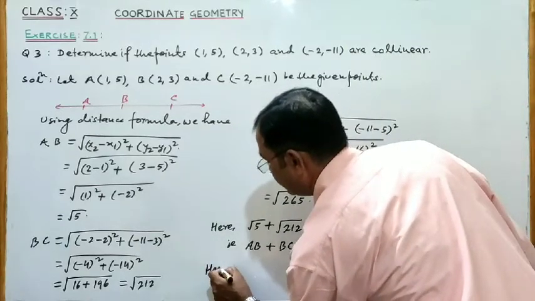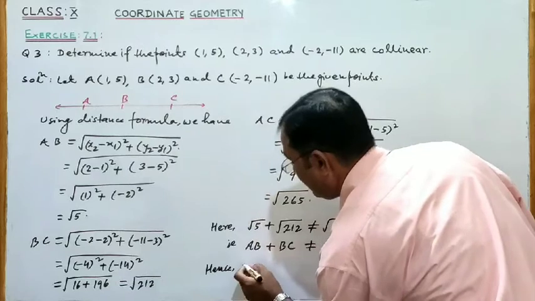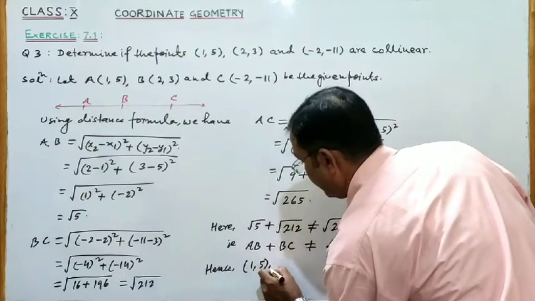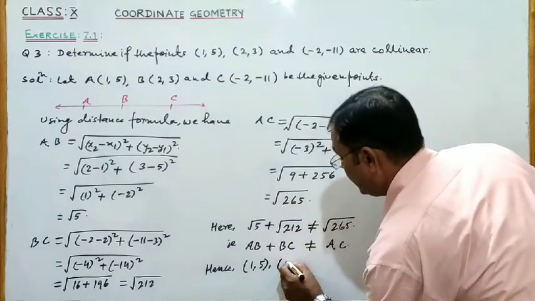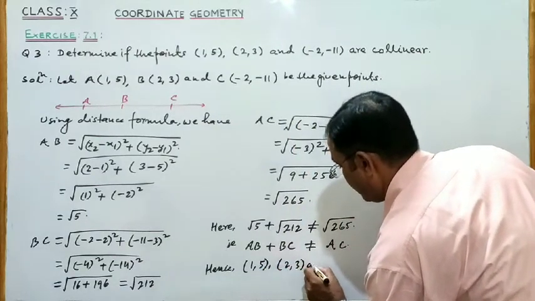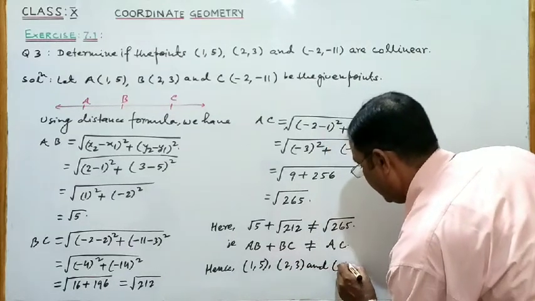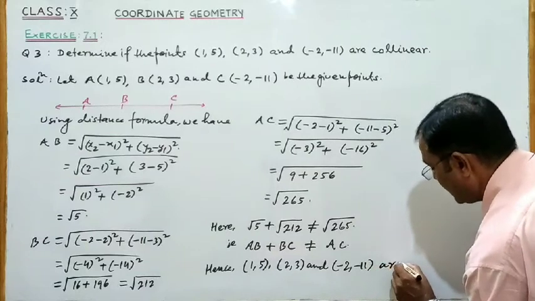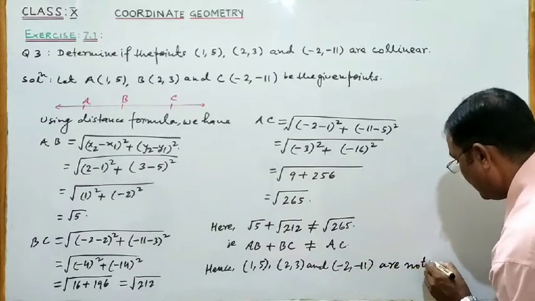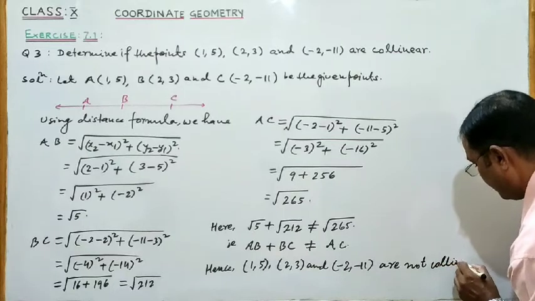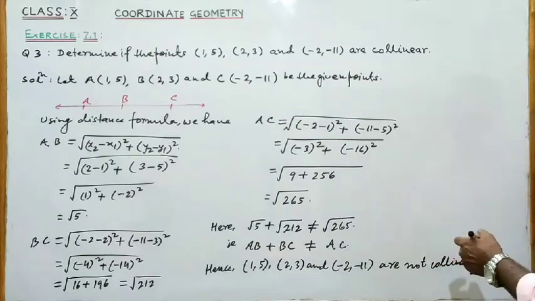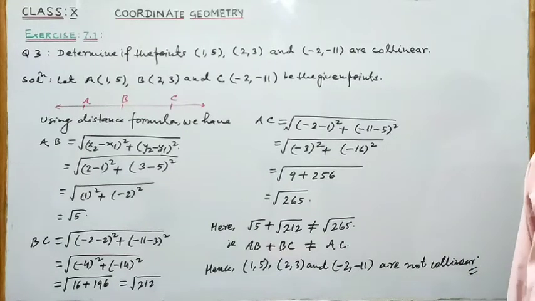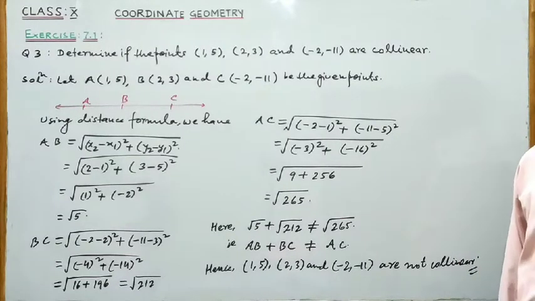Hence, given points (1, 5), (2, 3) and (-2, -11) are not collinear. So this way 3 given points are not collinear points, they do not lie on a line.